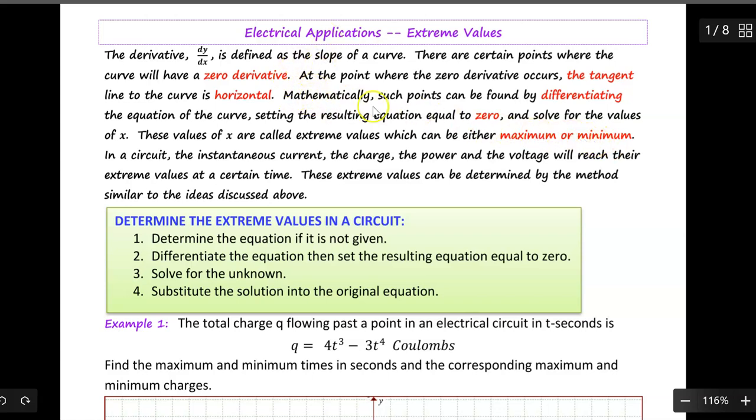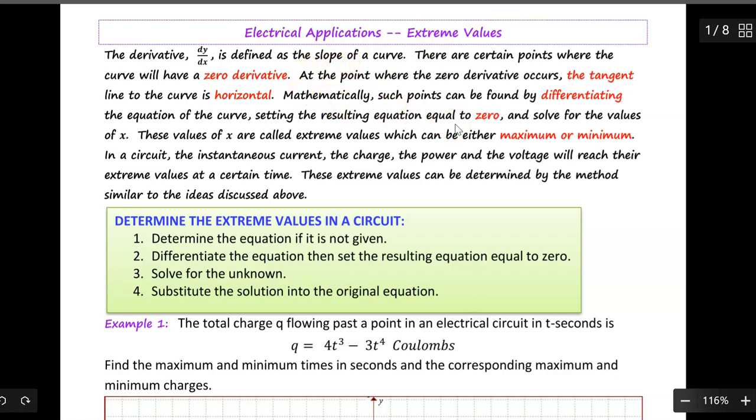In electrical electronics, you've heard the terms maximum current or minimum current, or maximum voltage or minimum voltage.